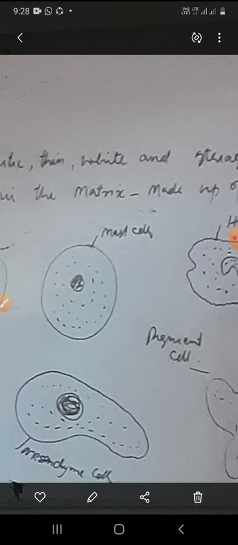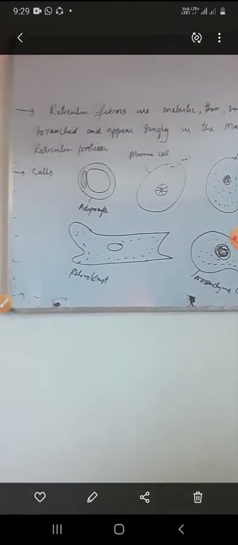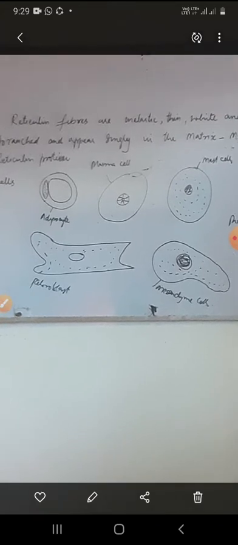They also occur singly. They are very numerous and very small, appear singly inside the ground substance, and cannot be easily seen. Now the cells of the ground substance. The areolar connective tissue contains seven types of cells.